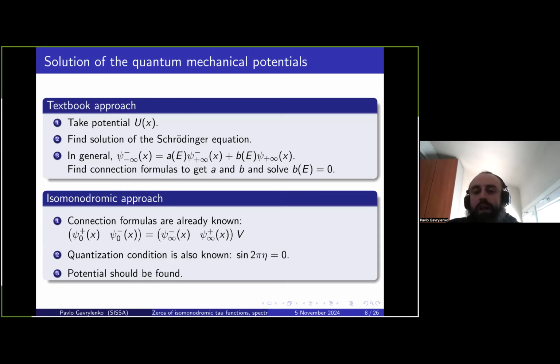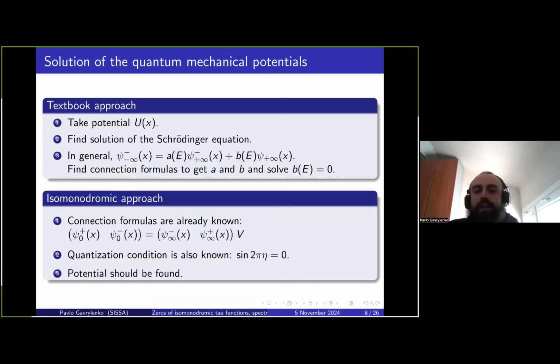And then open some book, for example, with connection formulas of hypergeometric function, or derive them ourselves, and find continuation of the solution to plus infinity.